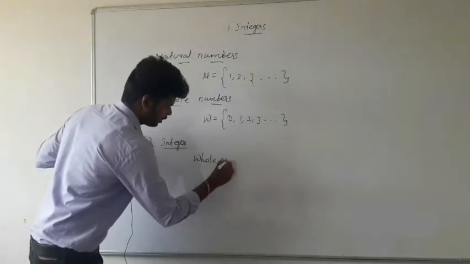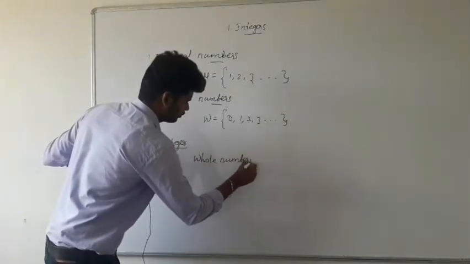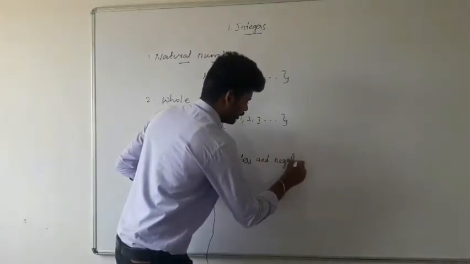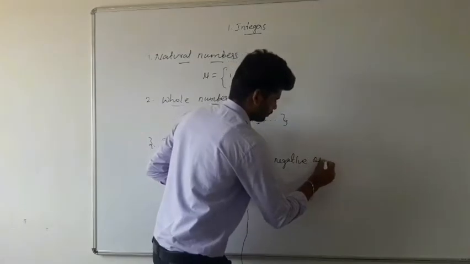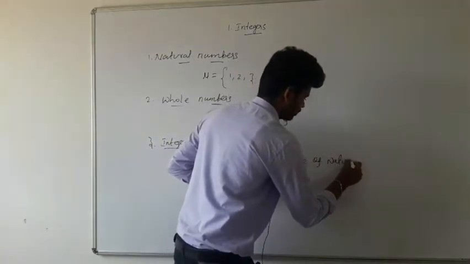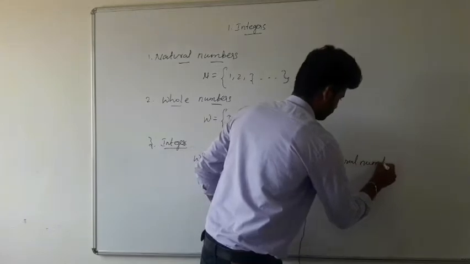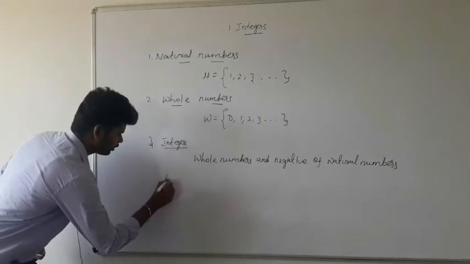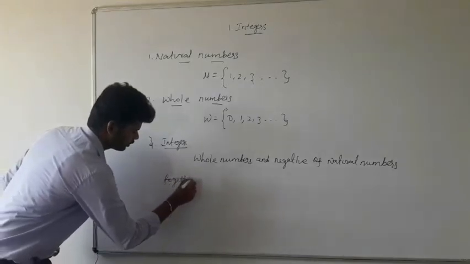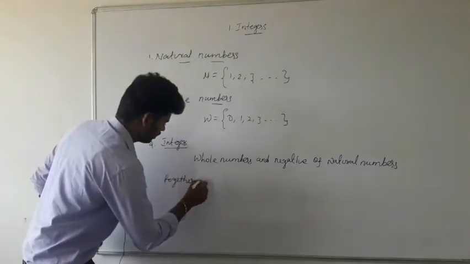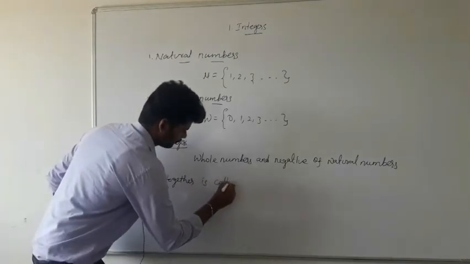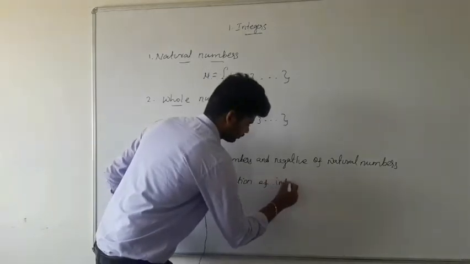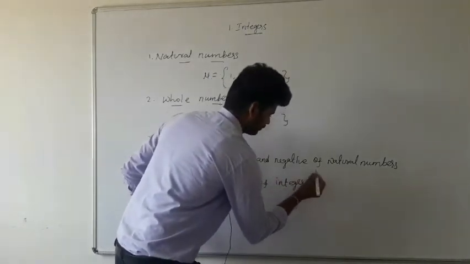Whole numbers and negative of natural numbers together are integers.